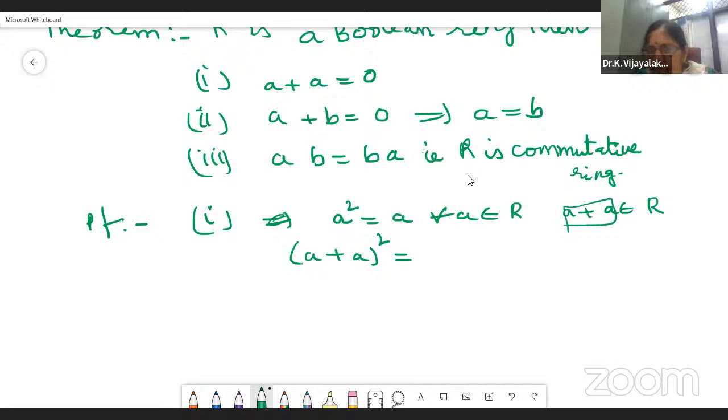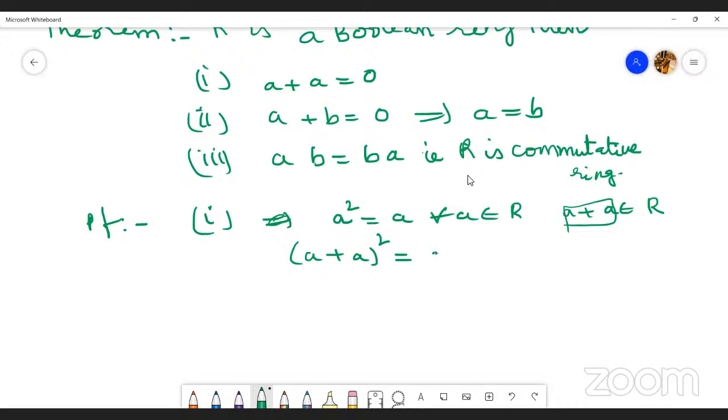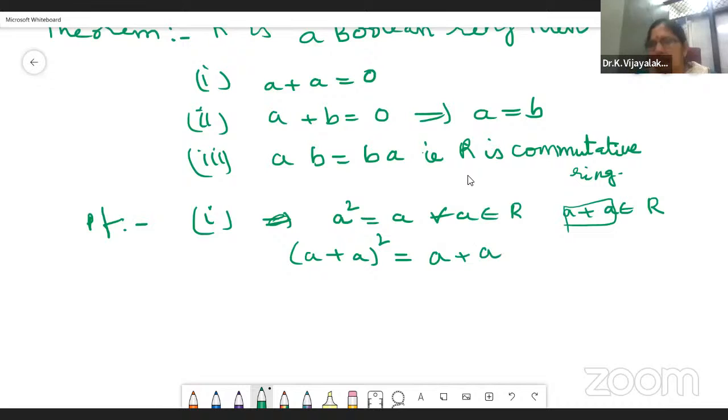Since a square is a, (a plus a) whole square is a plus a.